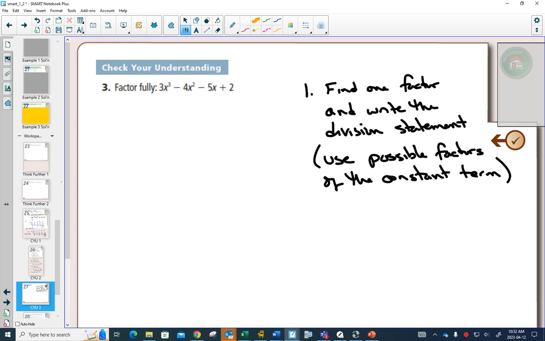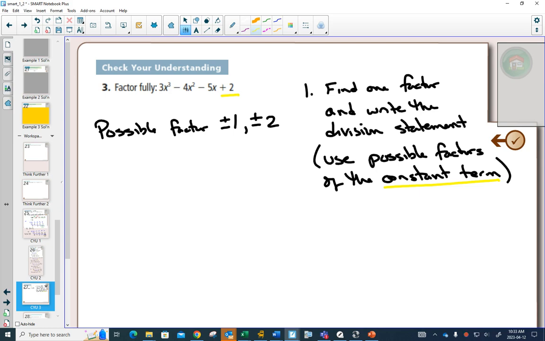The constant term, which I'm going to underline in yellow here, is the 2. So how can you multiply things to get 2? It's just 1 and 2, but it can be positive or negative 1, positive or negative 2. Those are your only possible factors.